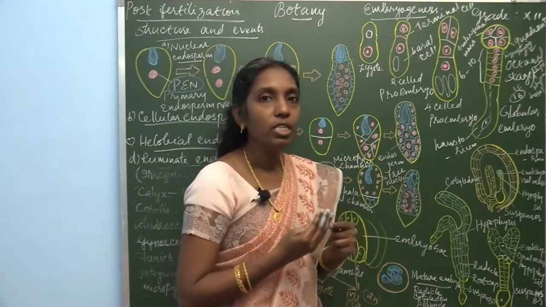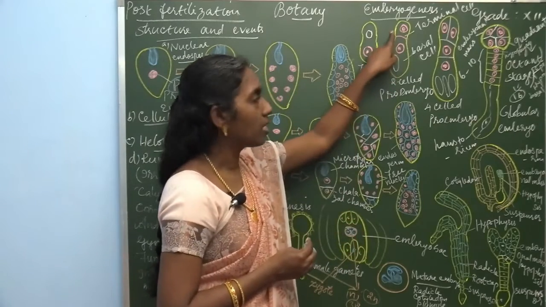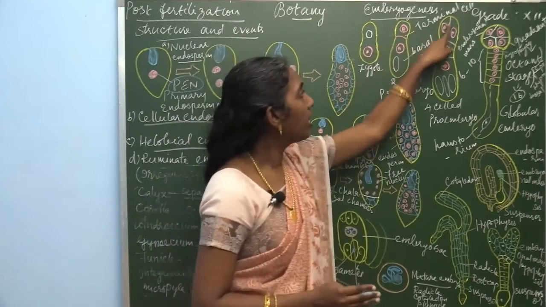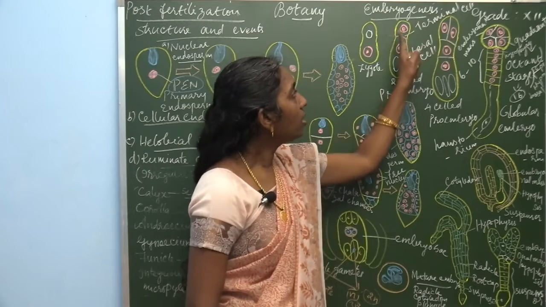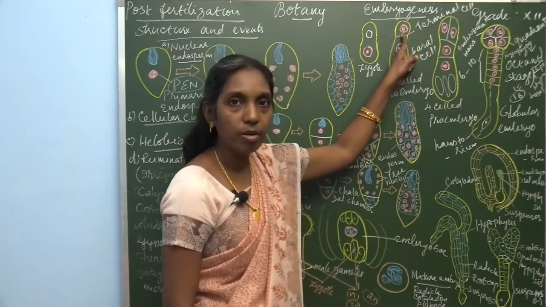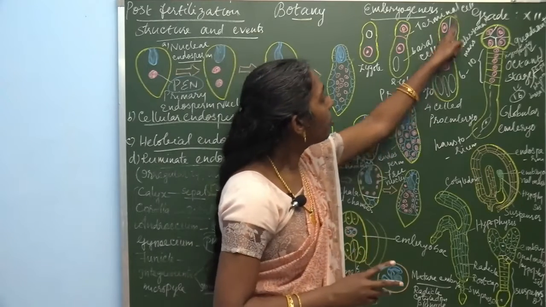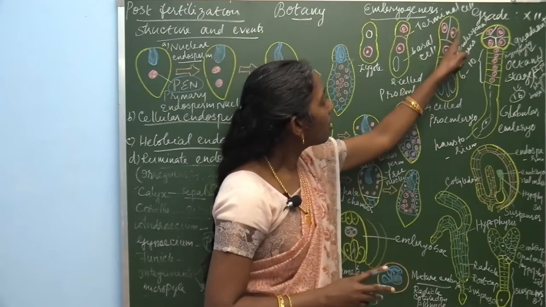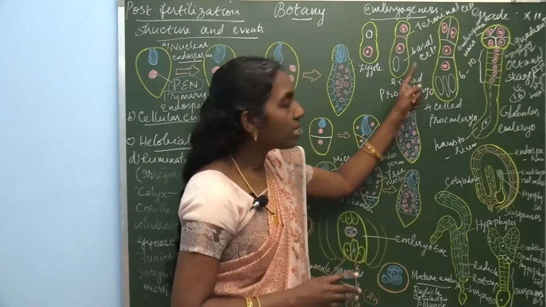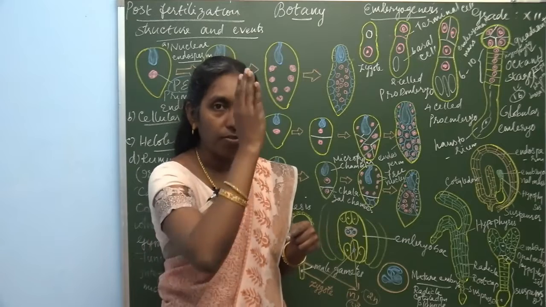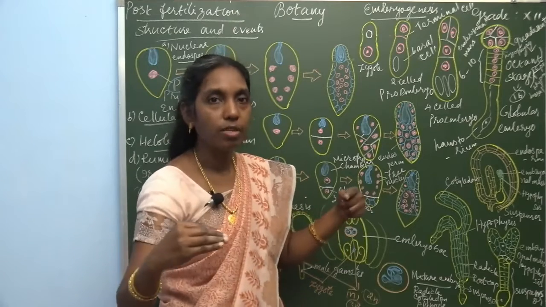Next, division takes place in the terminal cell. The terminal cell divides vertically, producing two different cells, and the basal cell divides transversely. So two divisions take place, a vertical division and a transverse division.